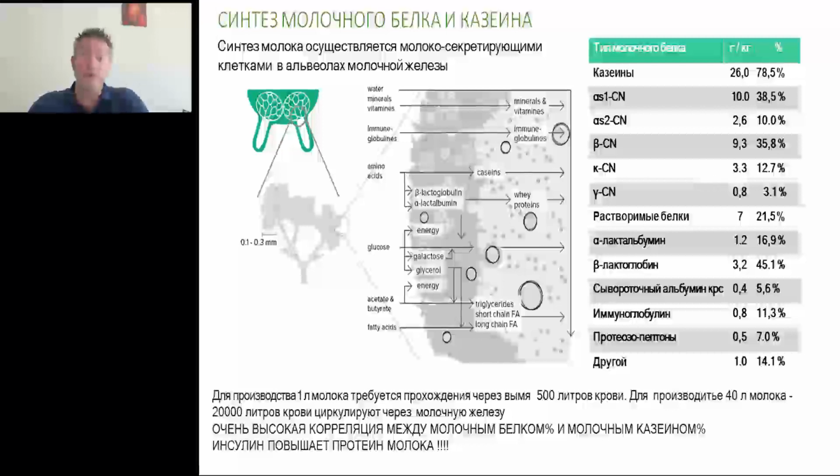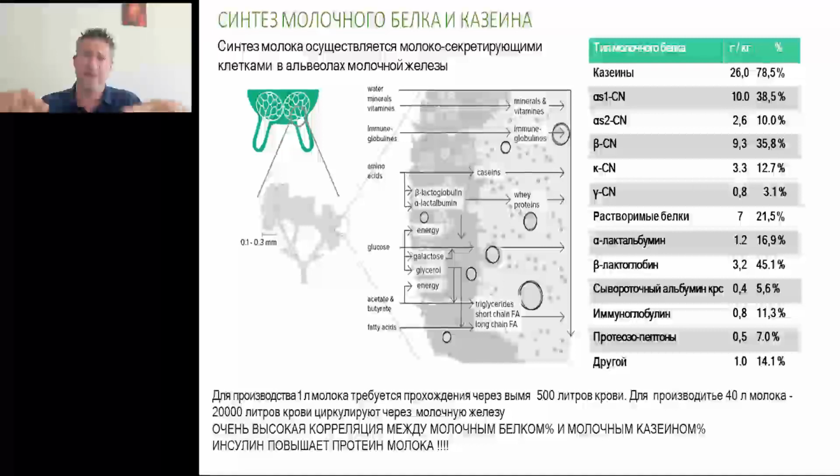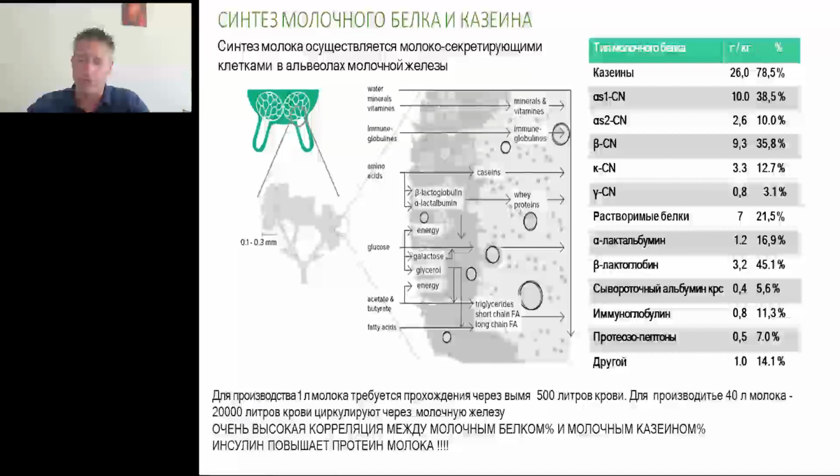Energy intake also stimulates IGF from the liver, and the protein supply per se is not an activator of milk protein, but can modulate some of the signaling like the IGF.